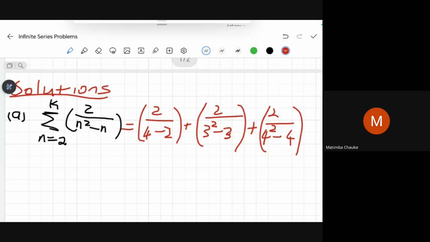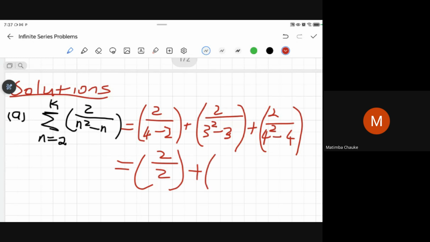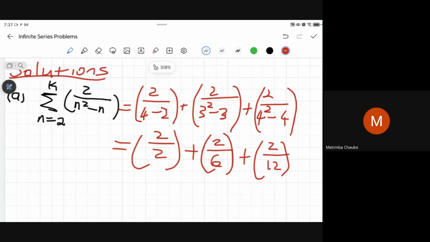So if we check this, this would be 2 over 2. This would be 2 over 9 minus 3, which is 6. This would be 2 over 16 minus 4, which is 12. If I check this, there's no root pattern for us to check.